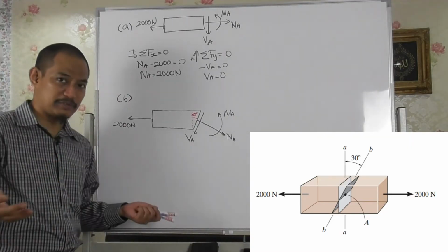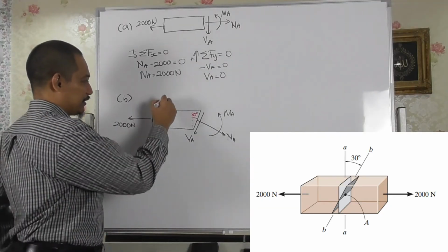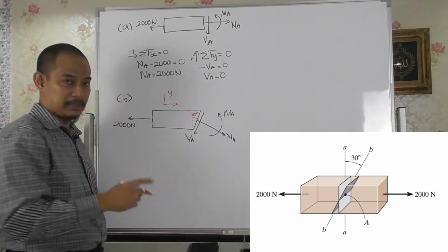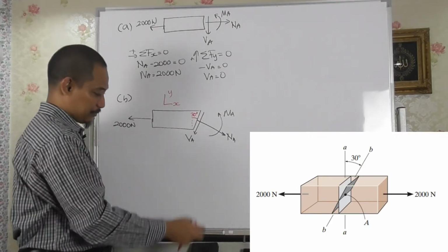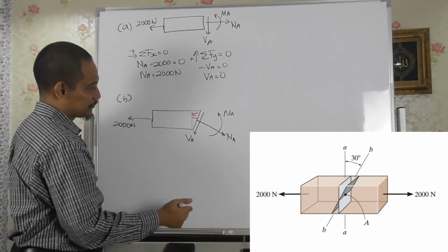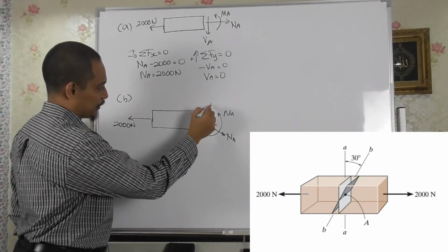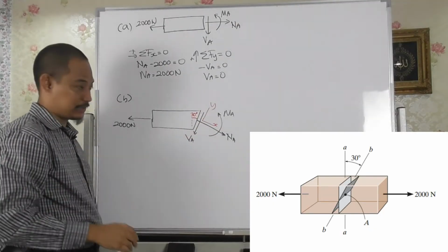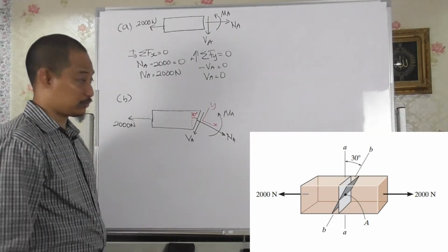So in terms of calculation, you can straight calculate using X and Y like this, but it will be a simultaneous equation because both will have X and Y component. To make it easier, let's just use X and Y according to this axis. That will be straightforward because we will not have simultaneous equation to solve.